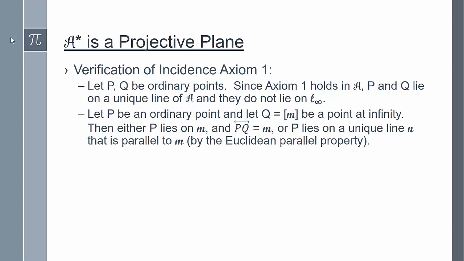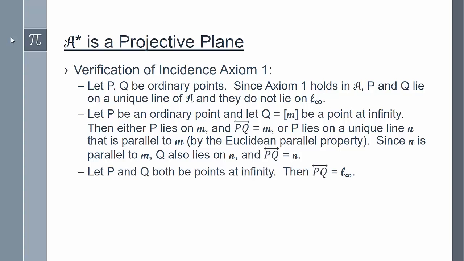If P does not lie on M, then it lies on a unique line N that is parallel to M, which we know exists by the Euclidean parallel property. Since N is parallel to M, N and M are in the same equivalence class, so Q also lies on line N. Therefore, the line through P and Q is equal to N. Either way, we have a unique line passing through P and Q. What if we had two distinct points at infinity?